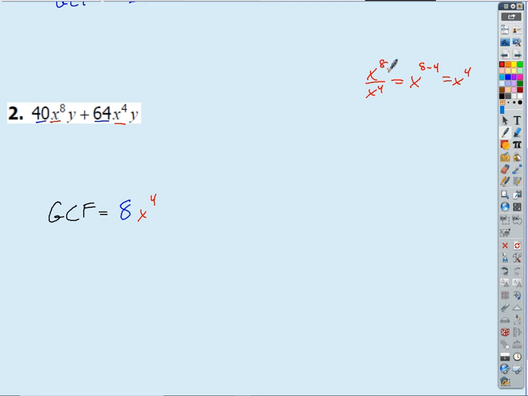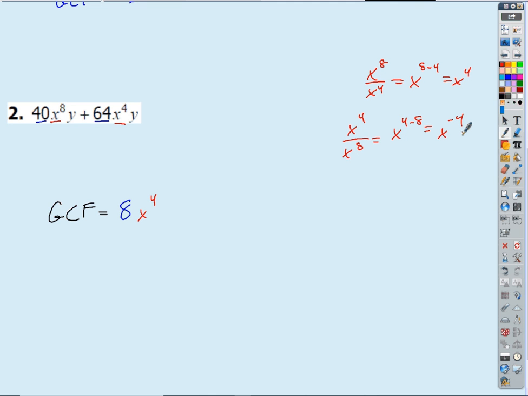But I couldn't divide x to the 4th by x to the 8th, could I? It wouldn't work, right? If I tried to do that, x to the 4th divided by x to the 8th, I'm going to get x to the 4 minus 8, which is x to the negative 4. We don't want to have negative exponents there.